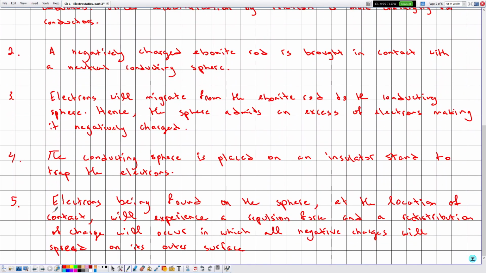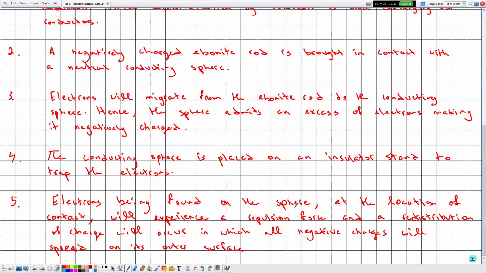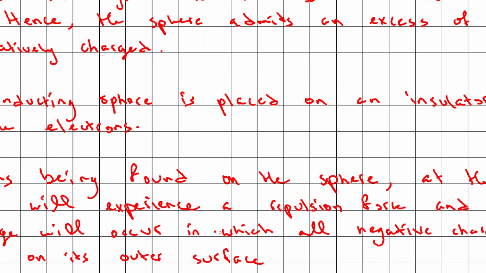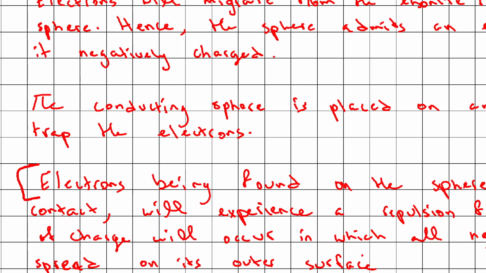So this part, from here to here, in which electrons found on the sphere at the location of contact experience a repulsion force and the redistribution of charge occurs, till here, is known as the transient state.